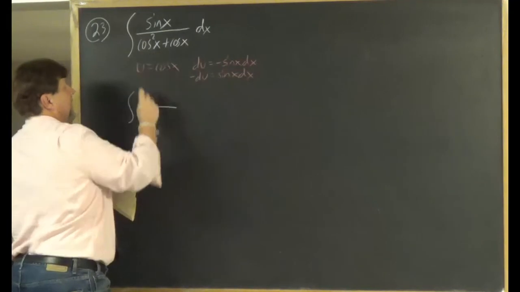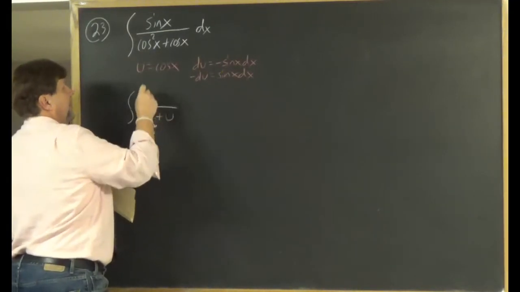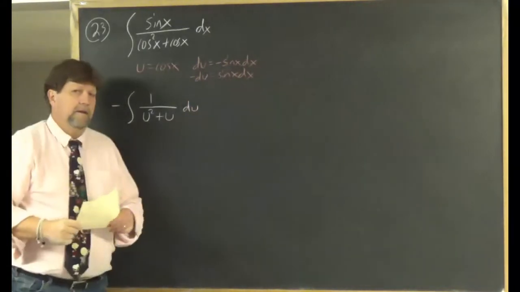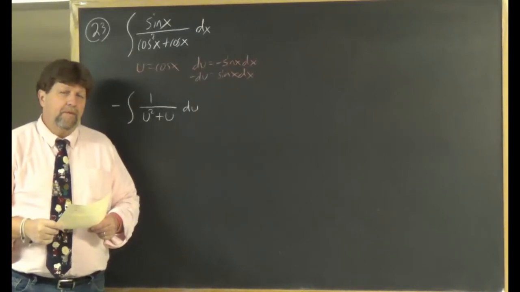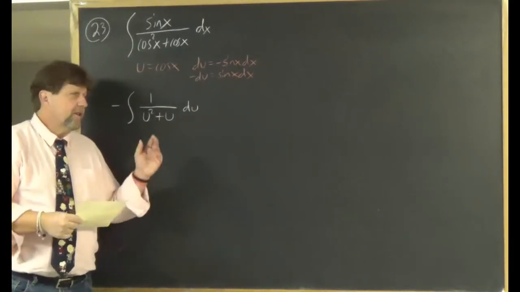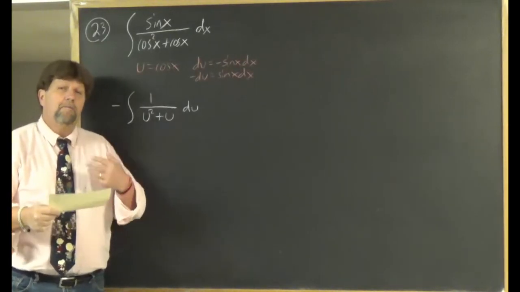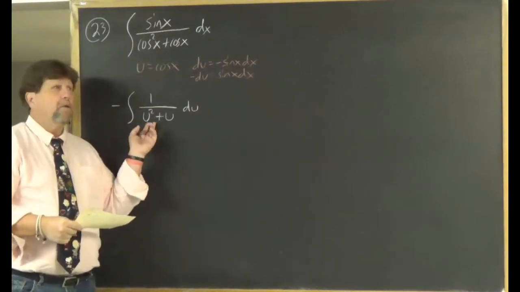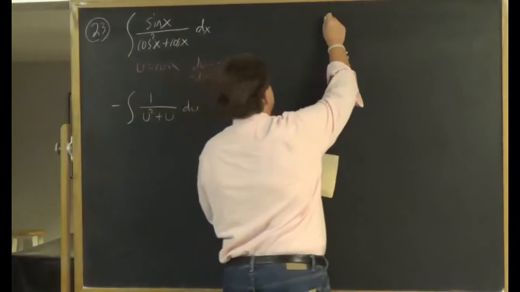My denominator is u squared plus u, and that's what I get after the u sub. Now this looks an awful lot like something that I could crank through partial fraction decomposition. So let me pull this over to the side. Let's take it through the process of partial fractions.